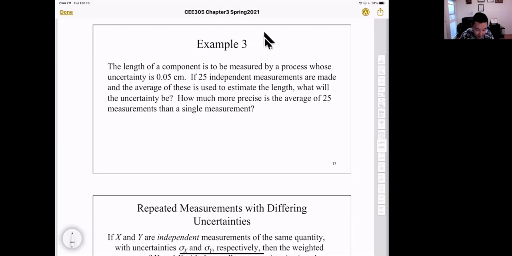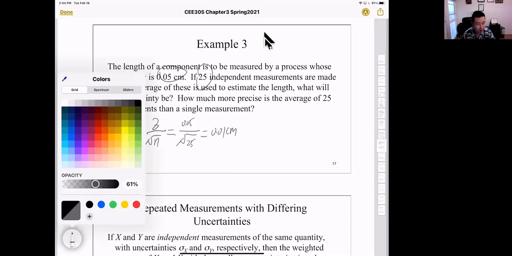The uncertainty of the mean value, based on the previous equation, is equal to sigma over square root of n. The sigma is 0.05, and for n we have 25 measurements. It becomes 0.01 centimeter.